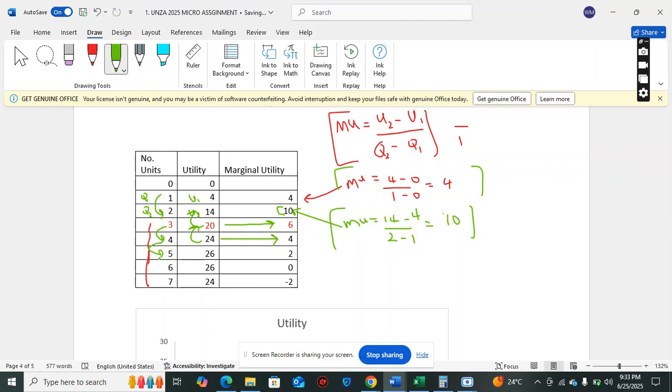Move to 5 units. We're going to say 26 minus 24. We're going to get 2. So this fifth unit brings 2 extra utils. When you consume 6 units of this good, you say 26 minus 26, you get 0. So the sixth unit is not bringing any additional satisfaction. You consume the seventh unit, you say 24 minus 26, that is negative 2.